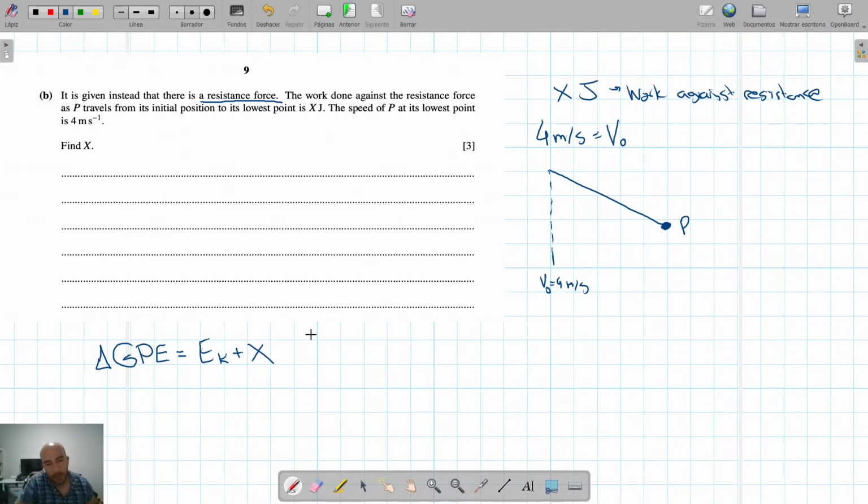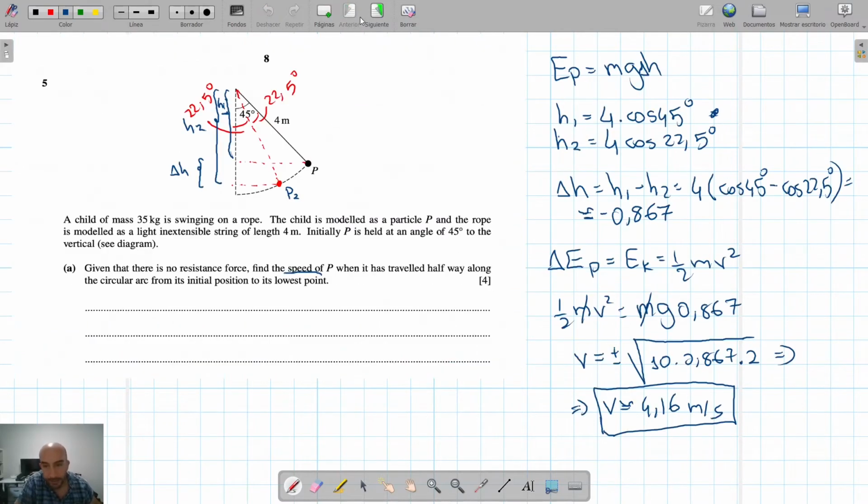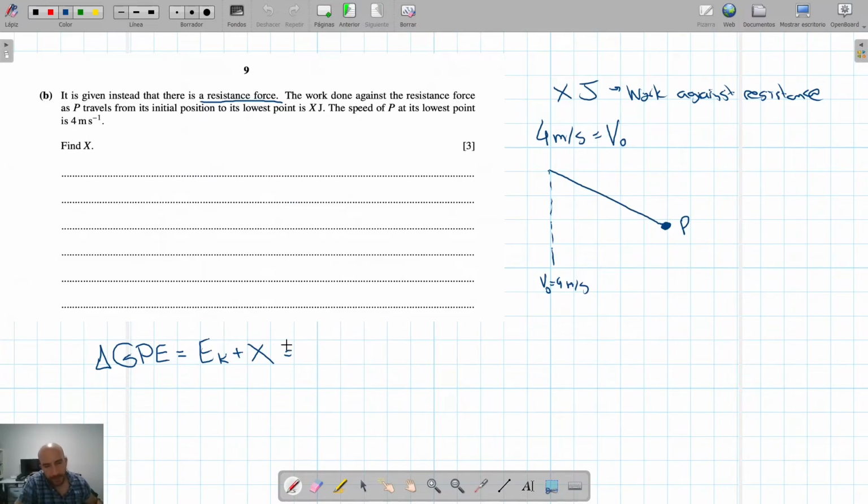Okay, so again, we have mg and a change of height, which now isn't going to be the one we had before. Now it's going to be from position P to position 0. How do we calculate that change of height?